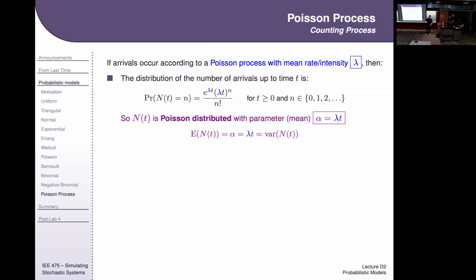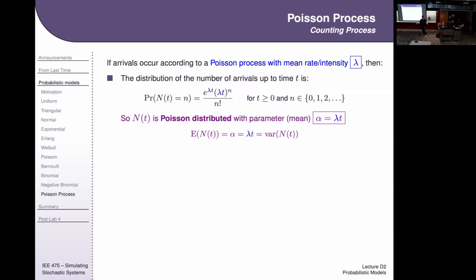So if this is a Poisson process describing 5 arrivals per minute, and I'm interested in how many arrivals happen per hour, then I just multiply the 5 per minute times 60 minutes, and that gives me 300 per hour. And then I go to the Poisson random variable with 300 as the parameter, and that gives me the distribution of arrivals in the hour.